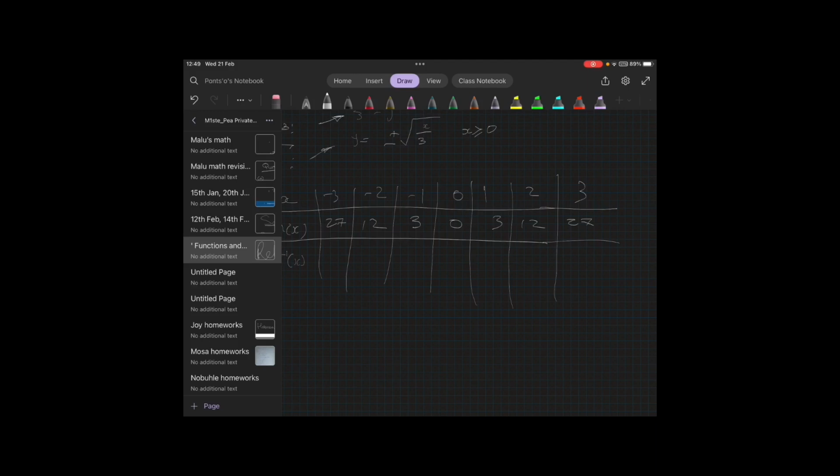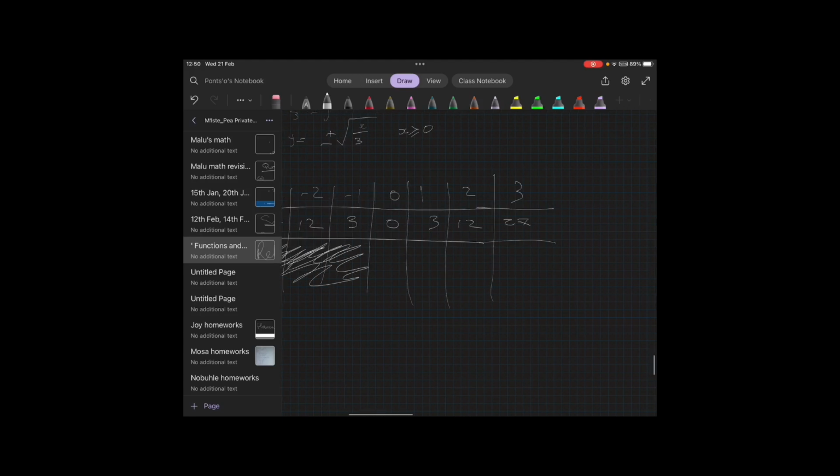So, okay, for the second one, if x is -3, -2, or -1, we don't have values for that. So we can skip this part here. But now what happens when x is 0?